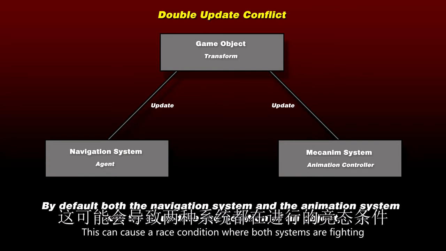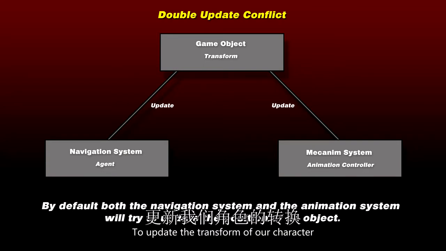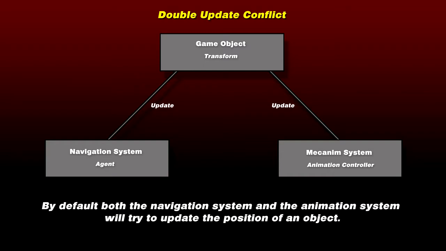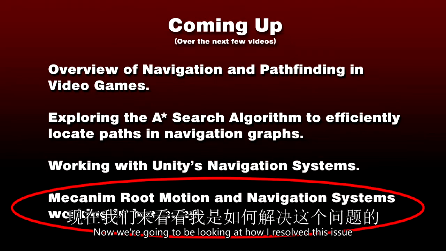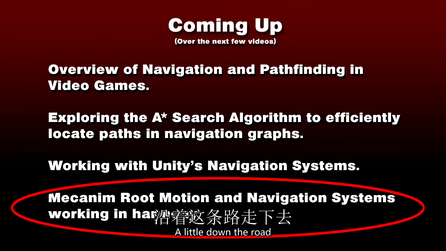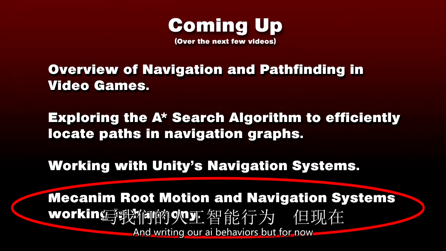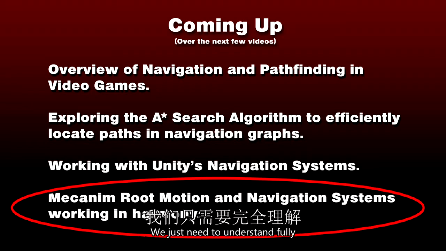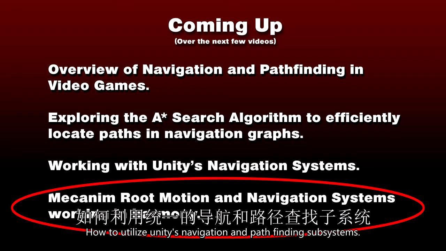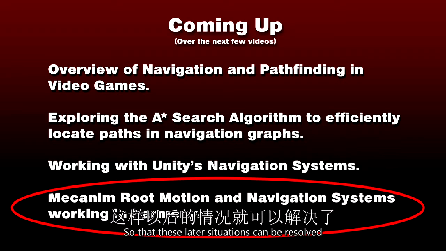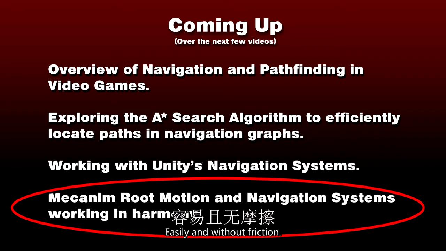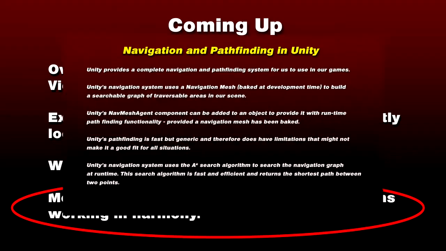This can cause a race condition where both systems are fighting to update the transform of our character based on entirely different criteria. We're going to be looking at how I resolved this issue a little down the road when we start using Mechanim and writing our AI behaviors, but for now we just need to understand fully how to utilize Unity's navigation and pathfinding subsystems so that these later situations can be resolved easily and without friction.